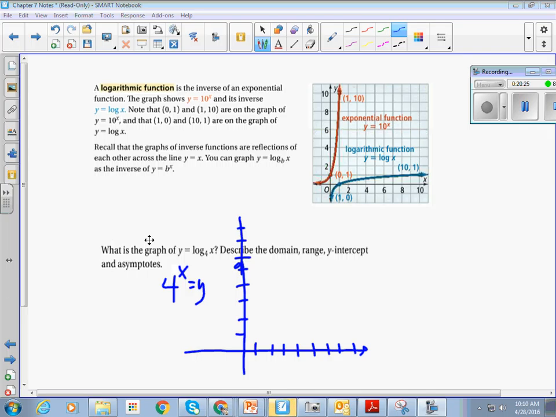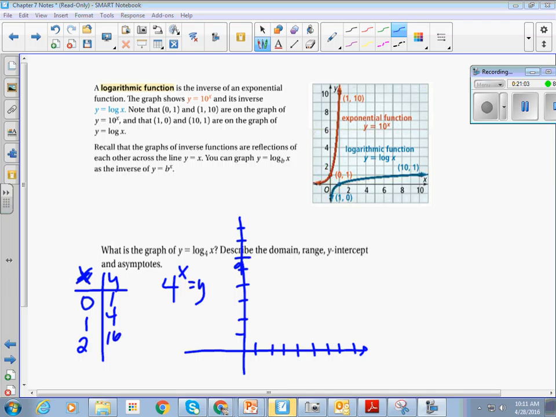So to graph this, I'm going to pull my important points, where I'm at when x equals 0, x equals 1, and x equals 2. So when x equals 0, 4 to the 0 is 1. Anything to the 0 power is 1. 4 to the first power is 4, and just for fun, 4 squared is 16.